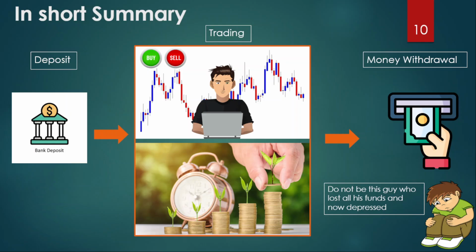You trade, you buy and sell, you make profit. You are growing your money when you are doing all that. Then you withdraw that money which is in your trading account, together with profits, back to your bank account. Then you can withdraw that money.